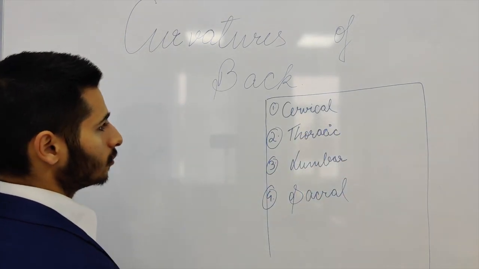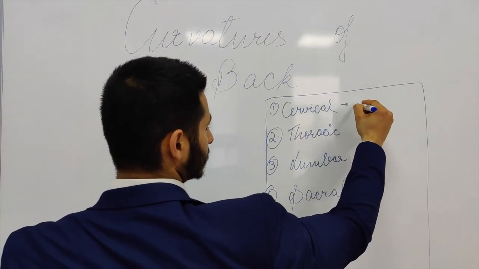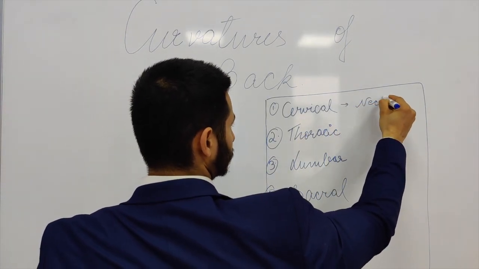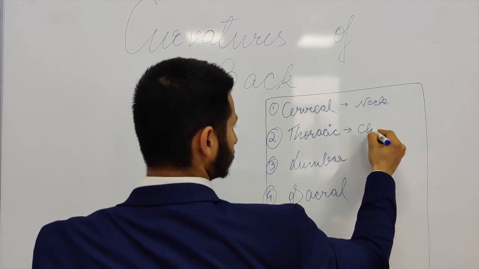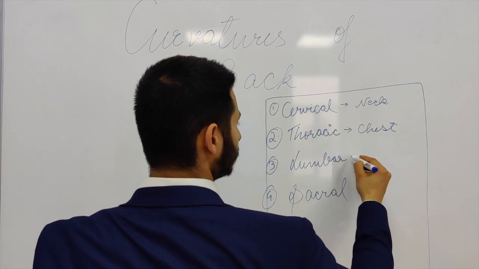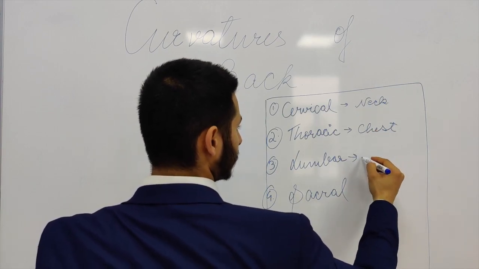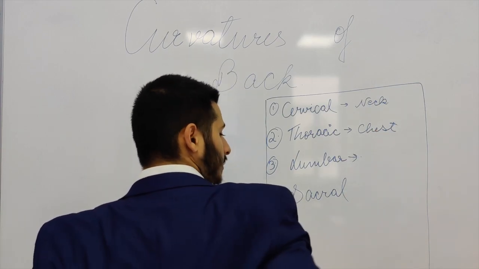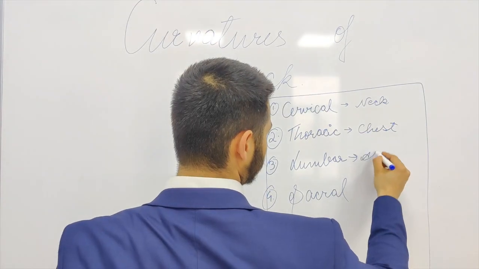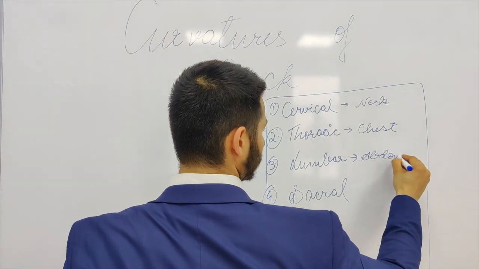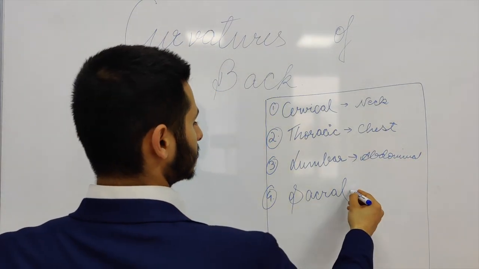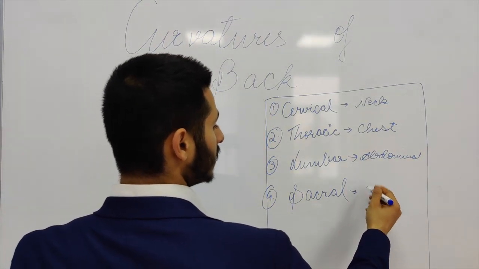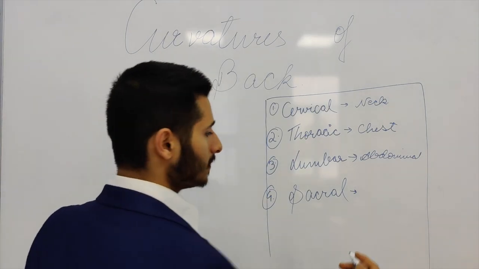But just for an overview, cervical is the region associated to the neck, thoracic is the chest area, lumbar is the abdominal area that is below the chest, and sacral is the region associated with the pelvic bones.